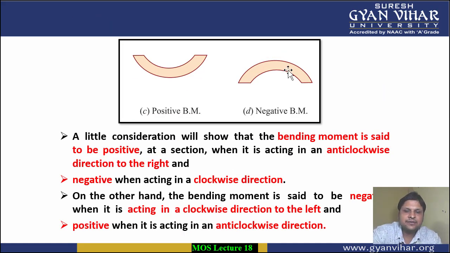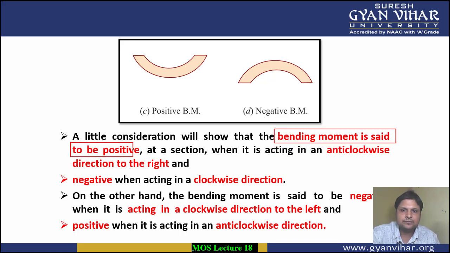a little consideration will show that the bending moment is said to be positive at a section when it is acting in an anti-clockwise direction to the right. One more method of explaining this sign convention is that the bending moment will be positive when it is acting in an anti-clockwise direction to the right.